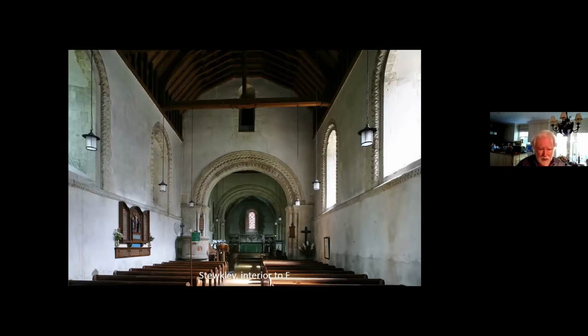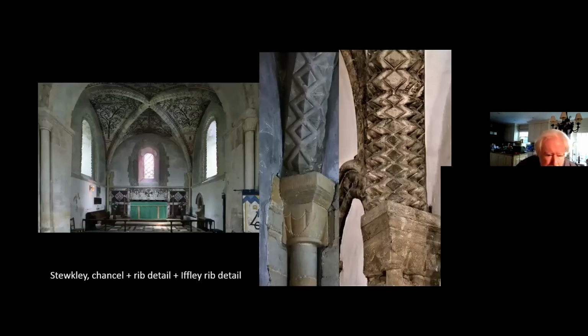The other thing to note, which is really quite unusual, is that the interior of the windows at Stukely are richly carved. We've got chevron ornament. It's not identical to Iffley, but again, it's something that is, I think, significantly unusual.